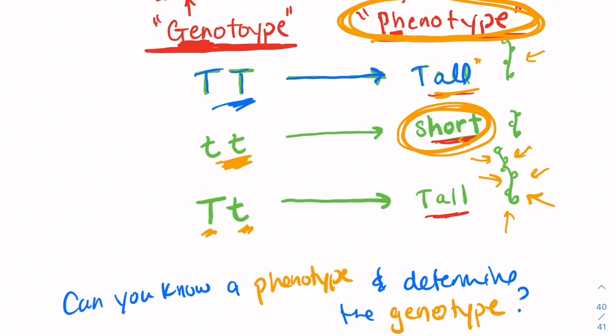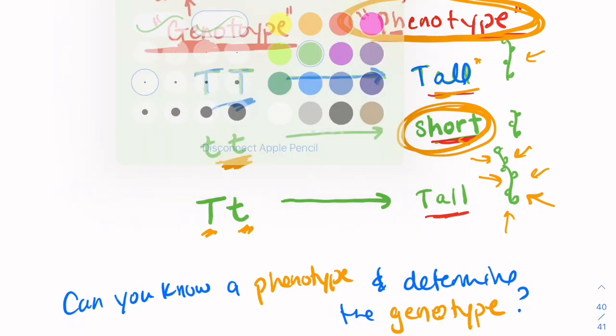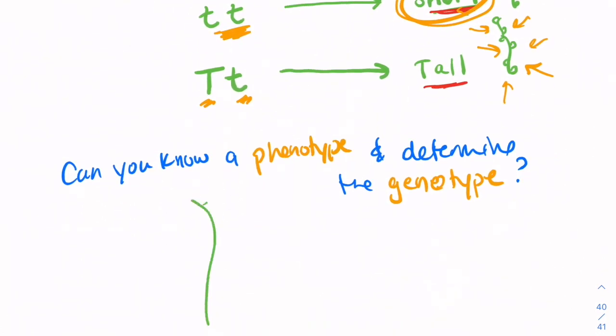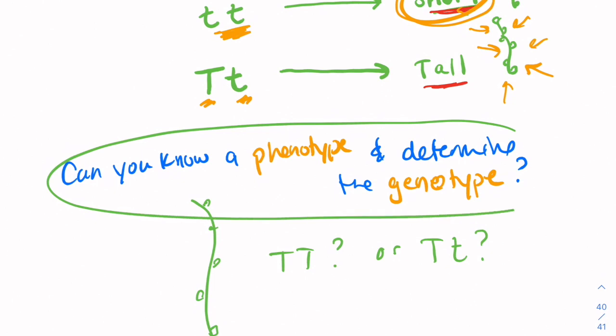You cannot look at a tall pea plant and say whether it is capital T, 2 dominant alleles, or capital T, lowercase t. We don't know by looking at the plant. So the answer to this question here is sometimes.